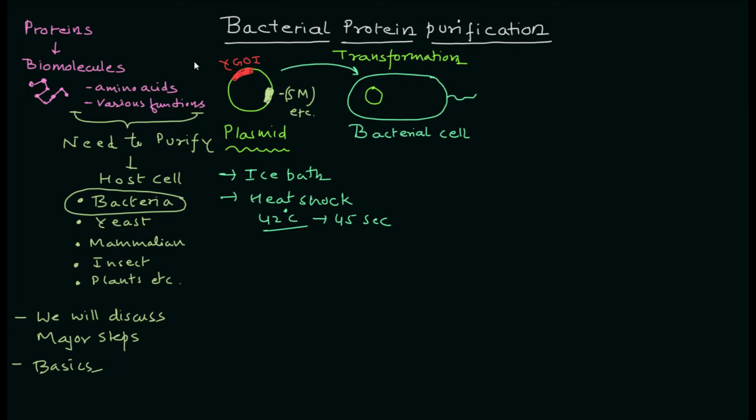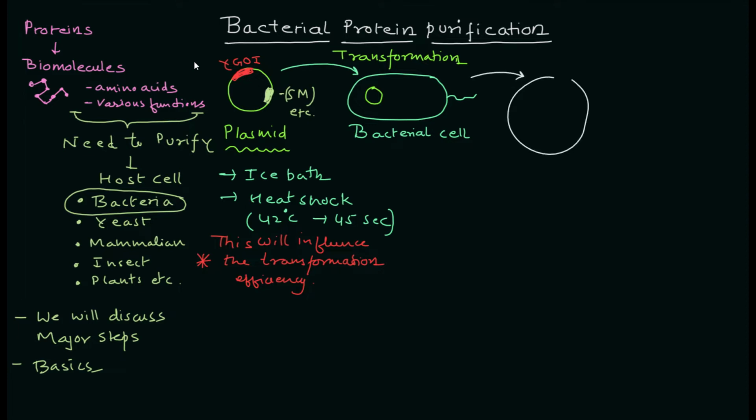You first cool down the cells in an ice bath and then expose the cells with the DNA at 42 degrees centigrade for 45 minutes. This time is important here. It will increase or decrease the transformation efficiency. So you have to be very careful when doing this experiment. You need to be precise, especially for the heat shock step.